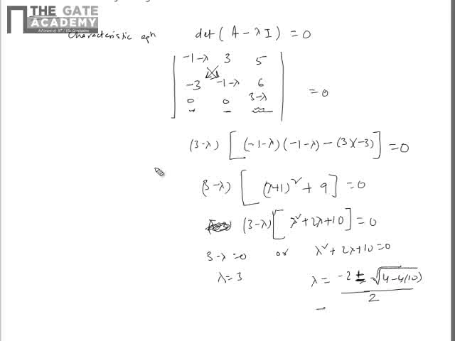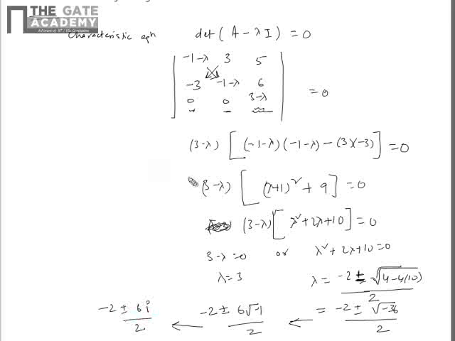This will give me minus 2 plus or minus root of minus 36 by 2, which will be minus 2 plus or minus 6 root minus 1 by 2, which is again minus 2 plus or minus 6i by 2.